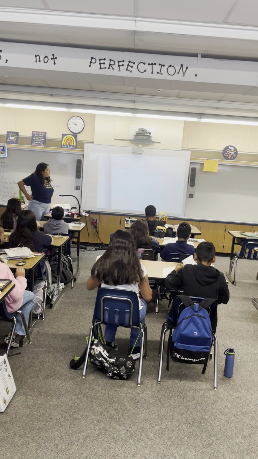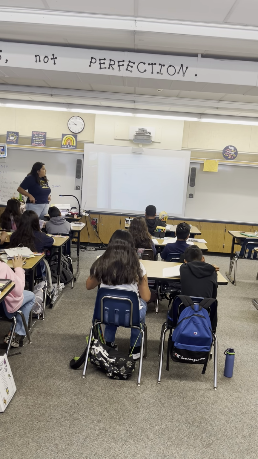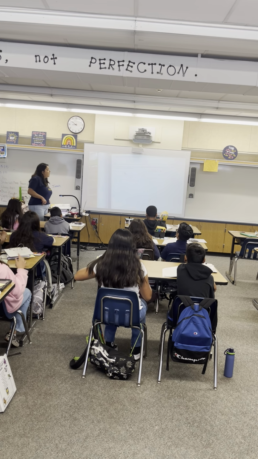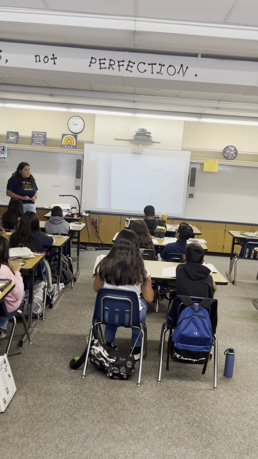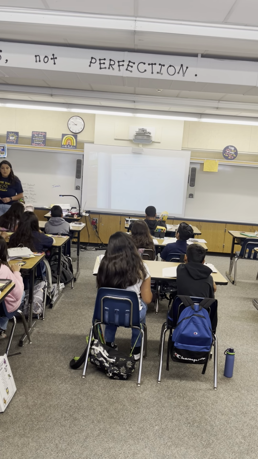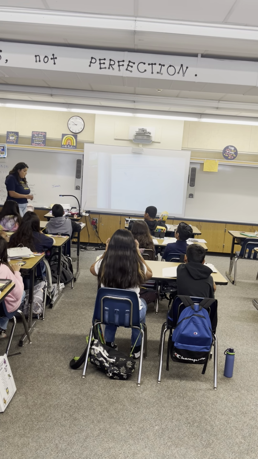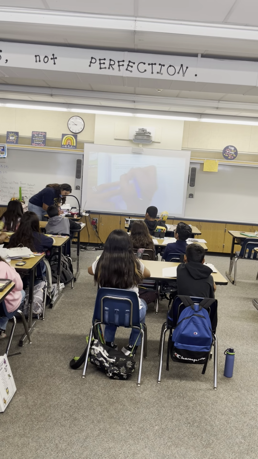Okay, so it says, for the following problems, draw a picture using the rectangle fraction model and write the answer. Simplify your answer if possible. What words stand out for us here? What words are standing out for us? Draw a picture. Okay, so we're gonna draw a picture.